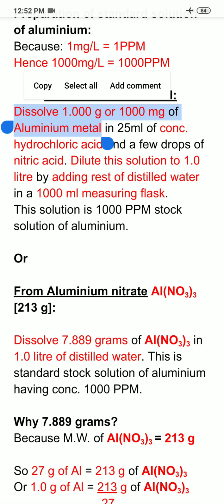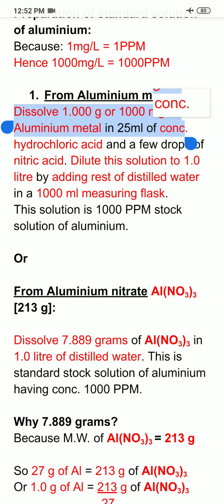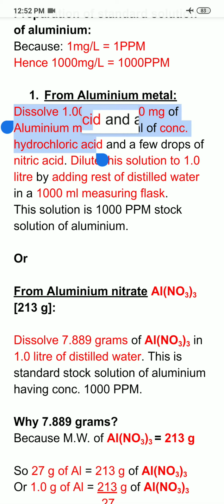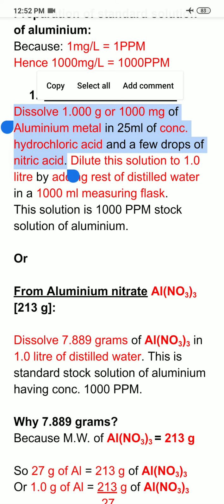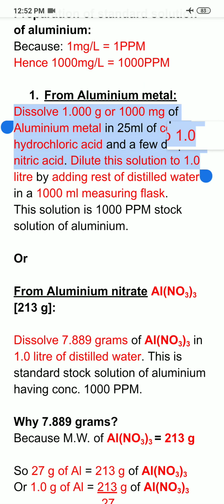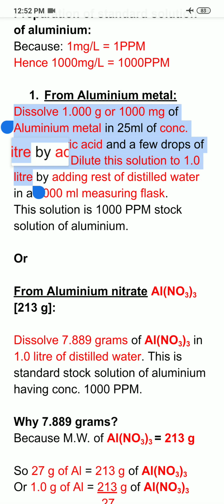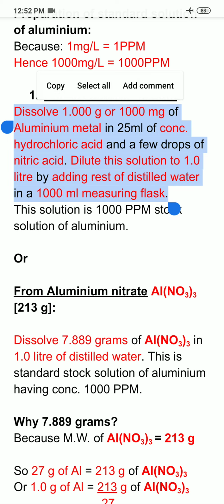We need to dissolve 1 gram or 1000 milligram of aluminium metal in 25 ml of concentrated hydrochloric acid and a few drops of concentrated nitric acid. As aluminium gets dissolved in the mixture of concentrated nitric acid and HCl, then we will make the solution equal to 1 liter by adding the rest of distilled water in a 1000 ml measuring flask.